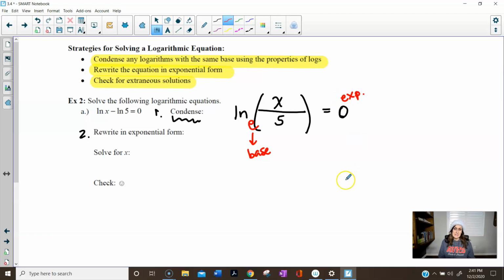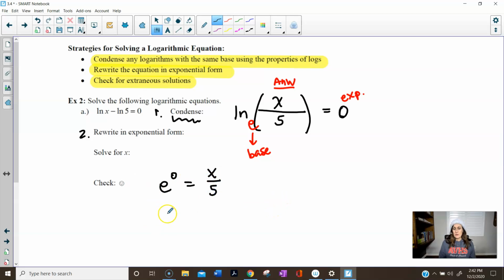So 0 is the exponent, and I'm going to refer to x over 5 as the answer. So now we're ready to rewrite that in exponential form. We have e raised to the 0 is equal to x divided by 5.